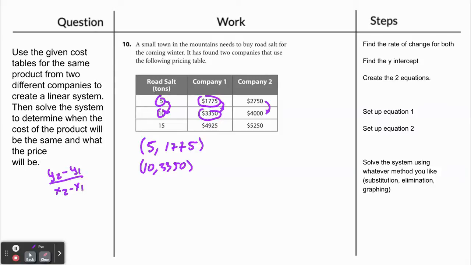Same thing with company 2. Let's do this in a different color here. We look at this first point here as 5, 2,750, then 10, 4,000. And this is just to help us find our slope or our rate of change. So I'm going to go ahead and do that here for both of these.